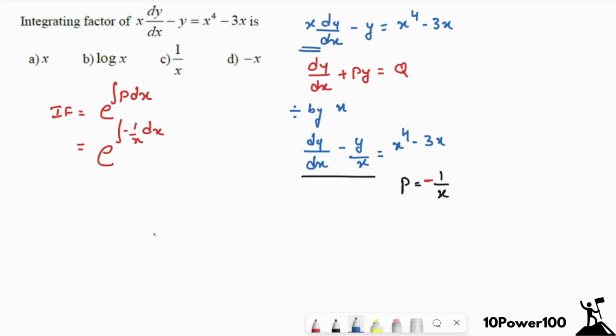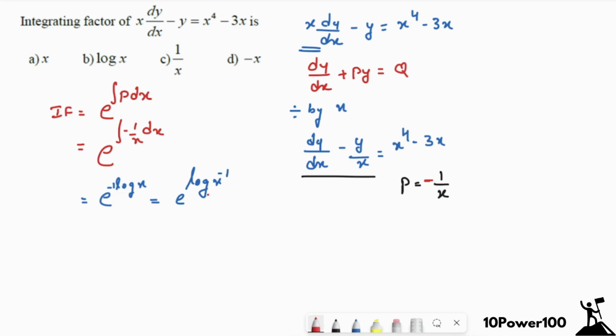So what is the integration of 1 by x? It is log x. So e power minus log x, we got it. But since you all know, e and log x we can't cancel because minus 1 is there. So as usual, we bring it up: it becomes e power log x power minus 1.